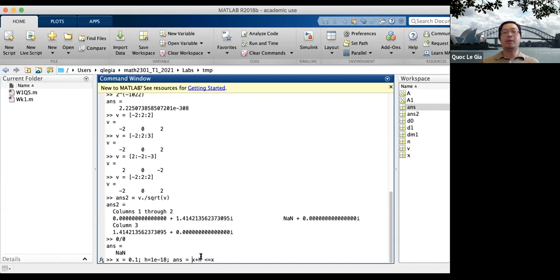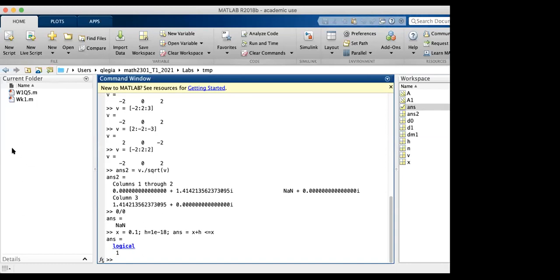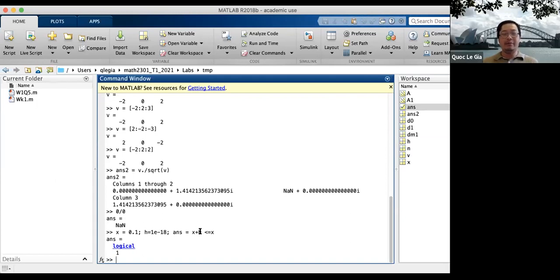So x plus something positive. Is it still less than or equal to x or not? It's not equal to 0, it's equal to 1. And why is that? I take x, I add something positive, and it's still less than or equal to x. Why is that?